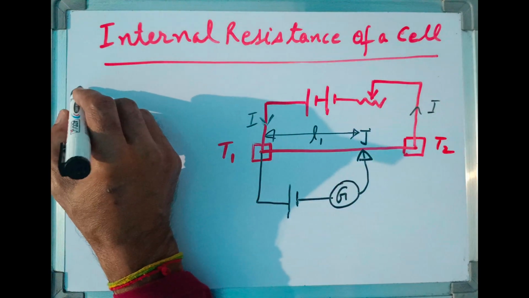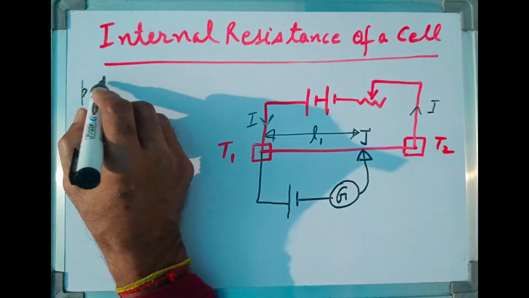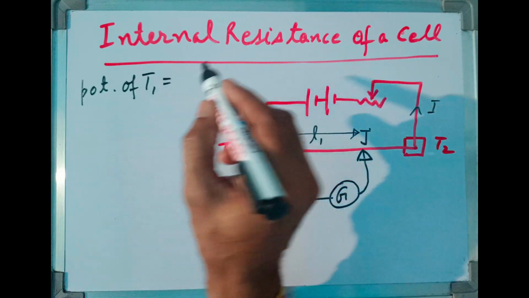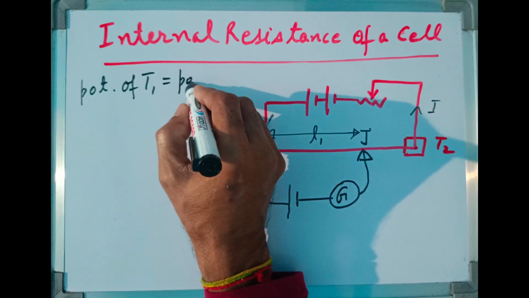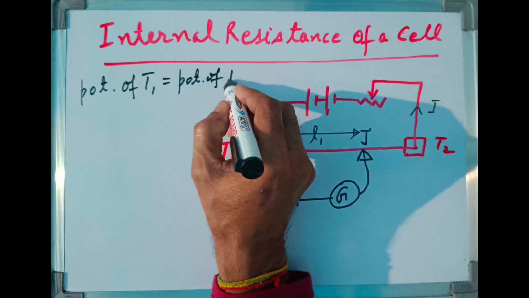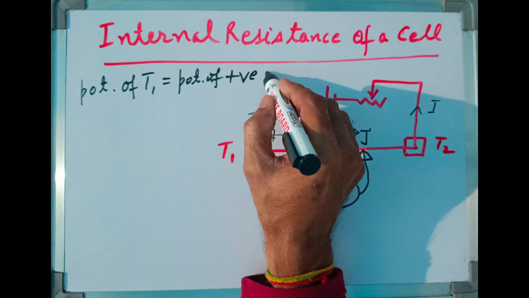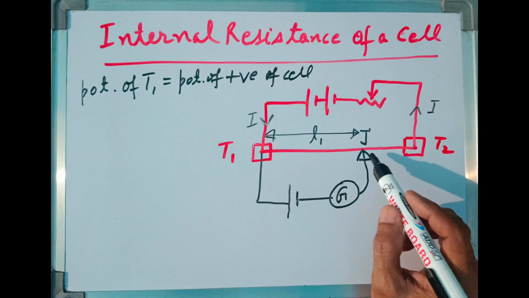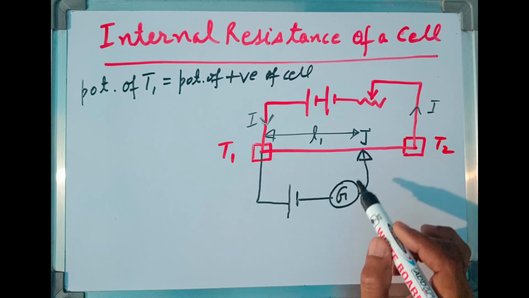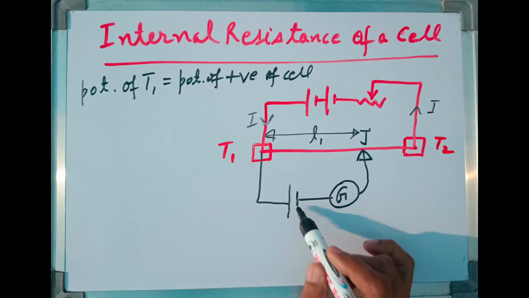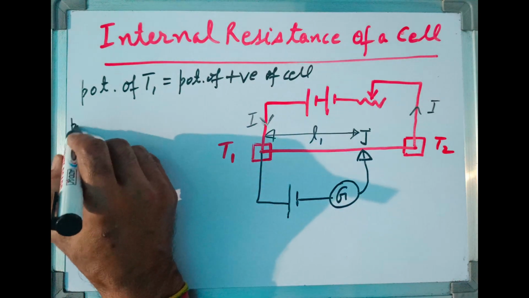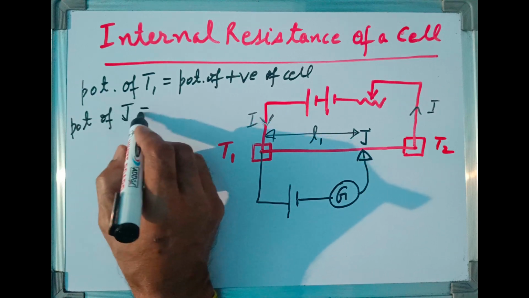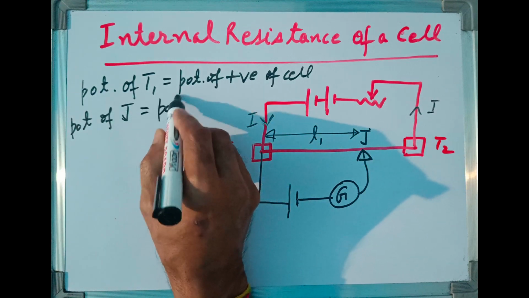And this zero current means potential of terminal T1 becomes equal to positive potential of the cell. So we can write at zero deflection position, potential of terminal T1 becomes equal to potential of positive terminal of cell, and potential of jockey will be equal to potential of negative of cell.